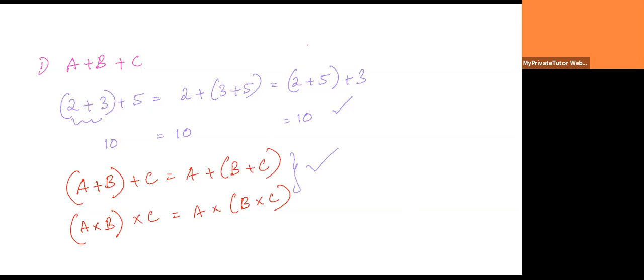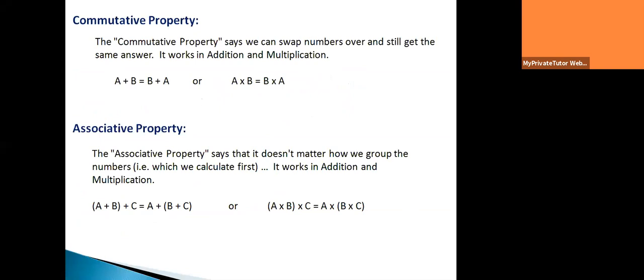Okay, so I think that's it for properties. See, have a look at this. I think you guys understand. If you want to read the definition, just go ahead. The commutative property says we can swap the numbers and still end up getting the same answer. So it works for addition and multiplication.